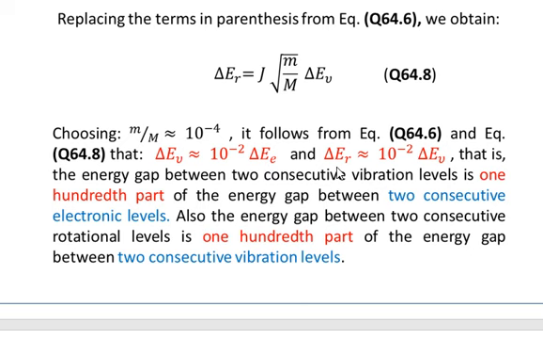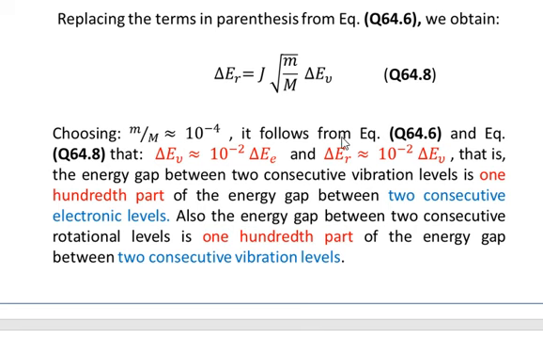And we also obtain that delta E R, that is the change in the rotational energy between the two consecutive levels, is of the order of 10 to the power minus 2 times delta E V, that is the change in two consecutive vibrational energy levels. That is, the energy gap between two consecutive vibrational levels is 1/100th part of the energy gap between two consecutive electronic levels.